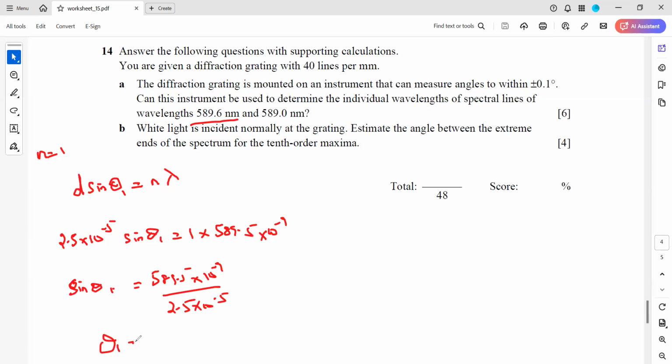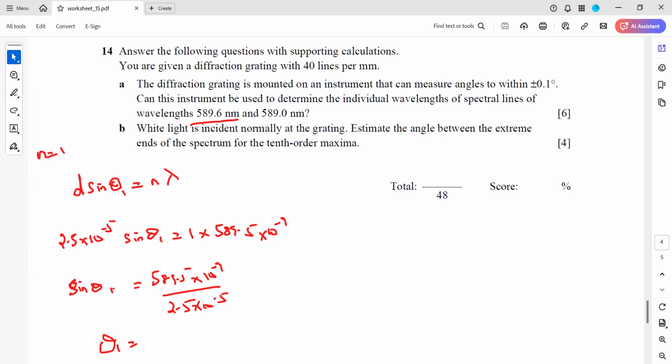So what is the value for theta 1? Take the sine inverse and tell the value for theta 1. This is one way of doing the question.